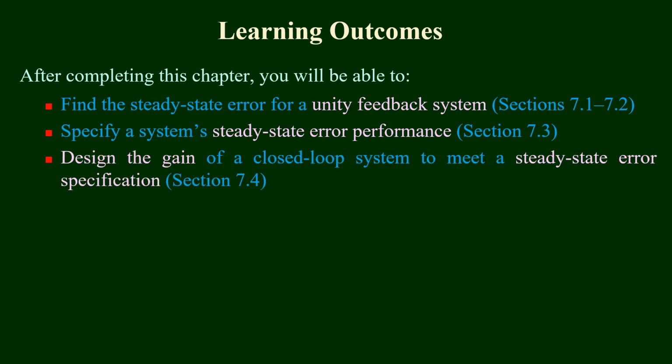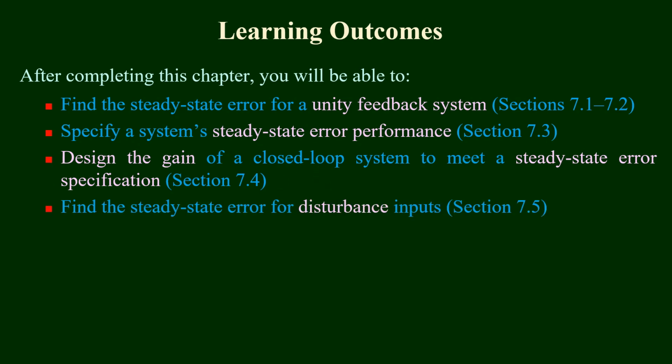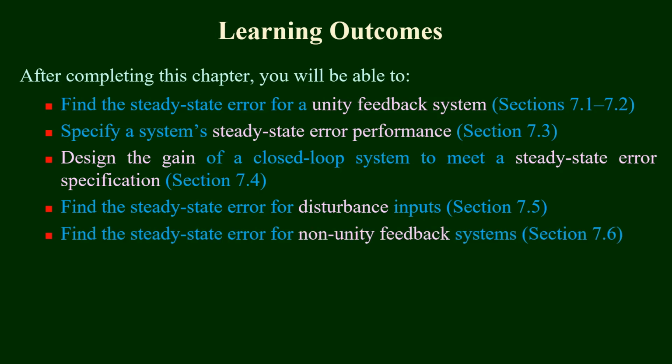Then we will be discussing the gain of the closed loop system to meet the steady state error specification. This will be our lecture number 4. The steady state error for the disturbance input will be discussed in lecture 5, and in lecture 6, the steady state error for non-unity feedback systems.